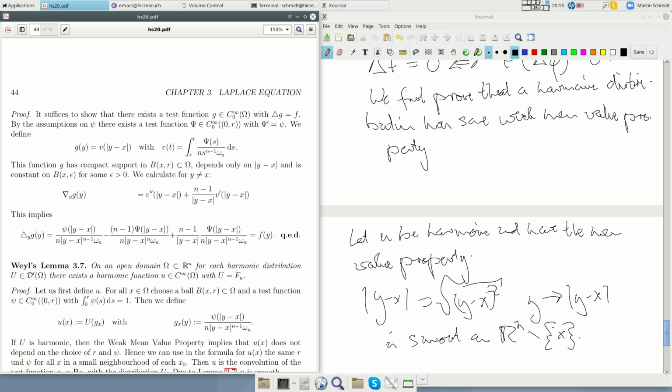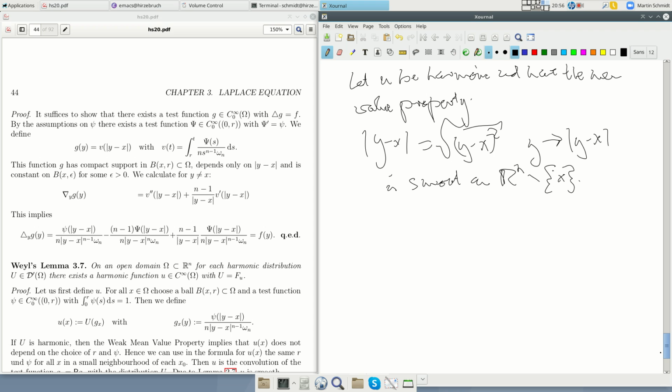And now we want to prove first that a harmonic distribution has this weak mean value property. And later we will prove the reverse. Weyl's lemma will prove the reverse and will even prove a stronger statement than the reverse.